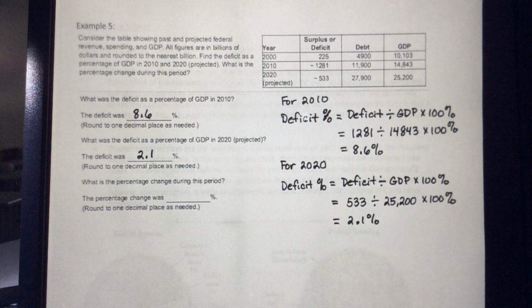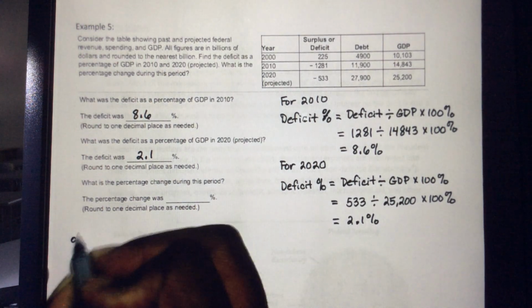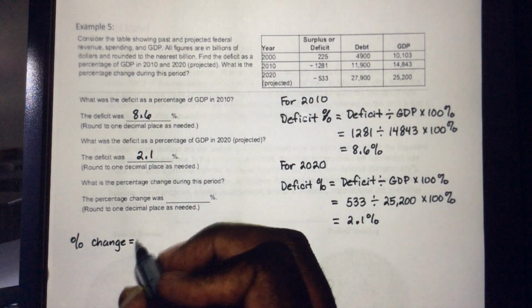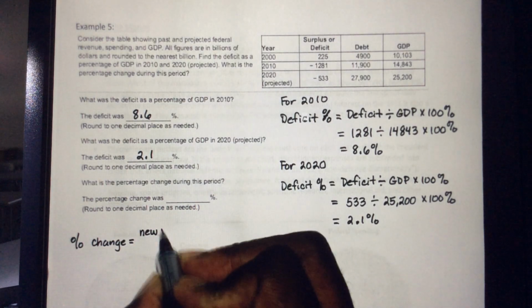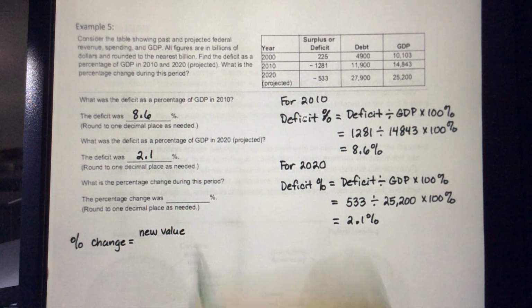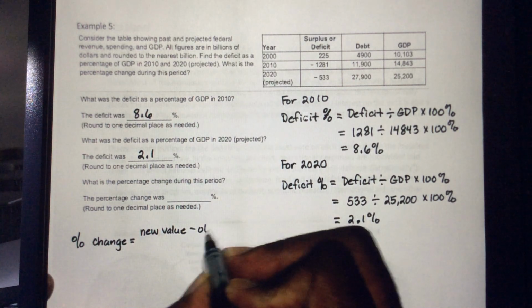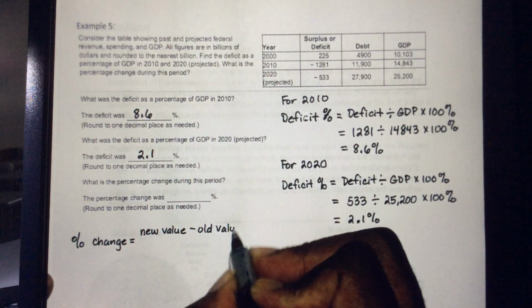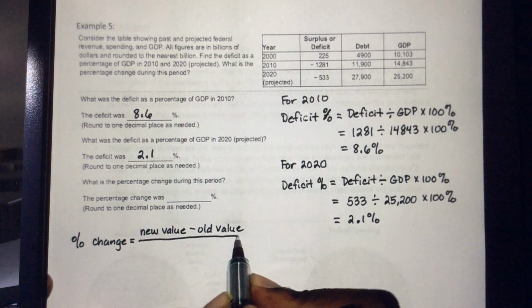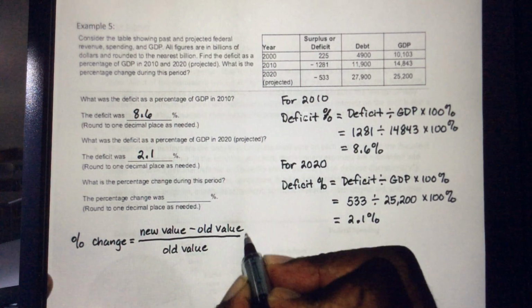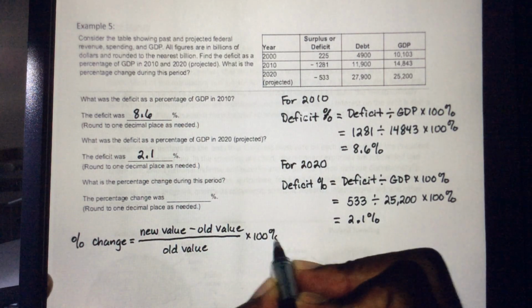And then finally, what is the percentage change during this period? So to find the percent of change, I'm going to take the new value, that is the deficit in 2020, minus the old value, that's going to be the deficit in 2010, divide that by the old value, multiplied by 100%.